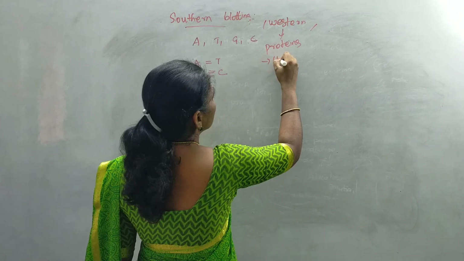For the first step, we take the DNA sample. For example, I have taken DNA from E. coli. It is treated with the restriction endonuclease enzyme, also known as molecular scissors. This molecular scissor will cut the DNA into pieces.